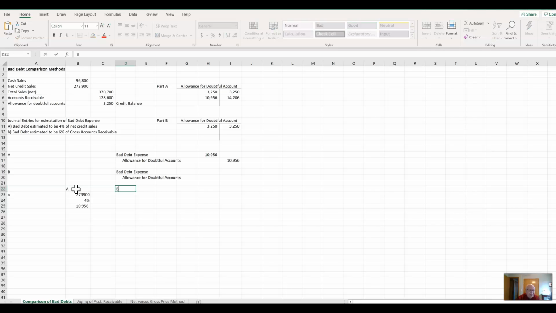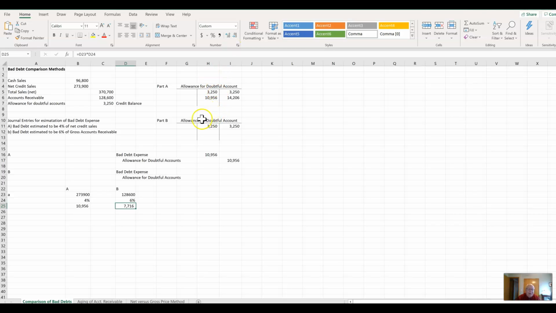For method B, however, it says 6% of the accounts receivables. Well, we have 128,600 in the account, and we want 6%. So we multiply these two, 128,600 times the 6%, which gives us $7,716.